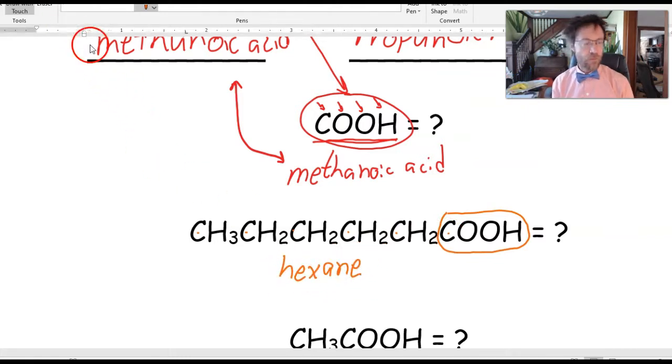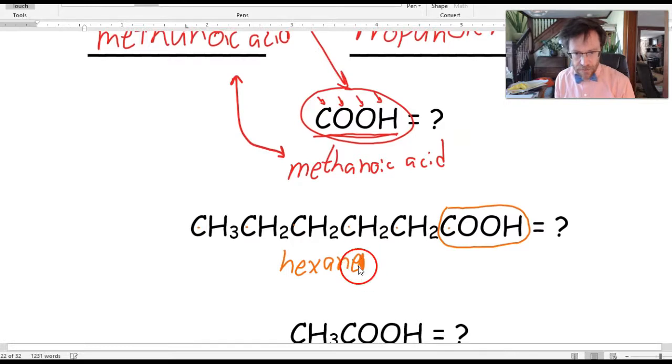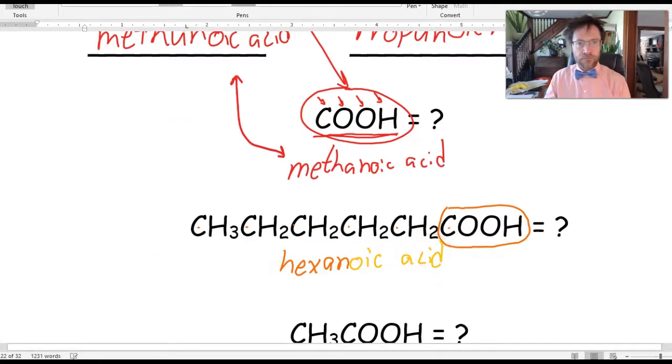Oh, sorry, hold on a second. I kind of goofed that one up. It's hexane. Oops. There you go. Hexanoic acid. And we're going to do that multicolored just because that's how we roll today.